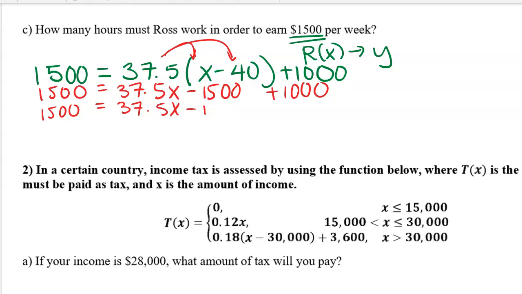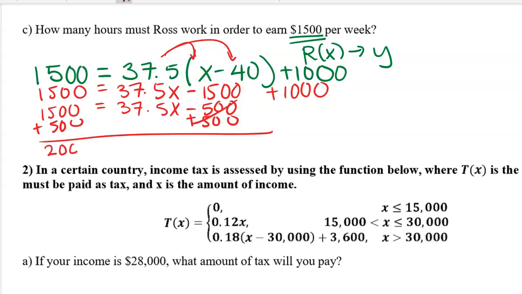Well, actually, no. That's not right: 1,500 plus 1,000 is 2,500, right? Okay. Now you add the 500. Now we add the 500. All right. Now what do we get on the left side? 2,000. Okay. Equals 37.5x.